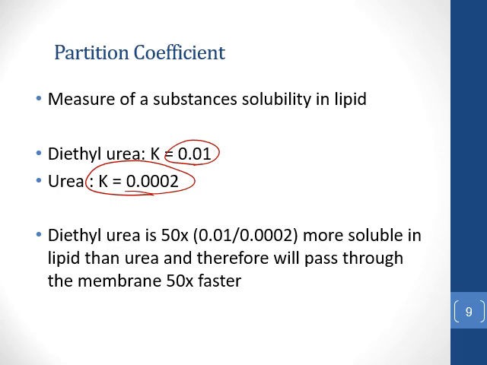Now remember, partition coefficient is a measure of the permeability. Another way to say that is it's a measure of the substance's solubility in lipid. The more soluble it is in lipid, the higher its permeability rate is going to be. The math on this is really simple, because all we have to do is say diethylurea is 50 times more soluble in lipid than urea, and therefore will pass through the membrane 50 times faster.